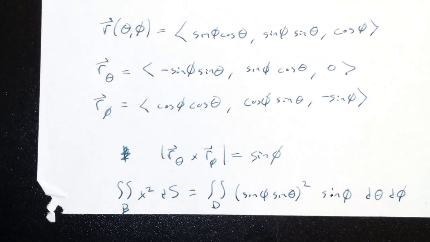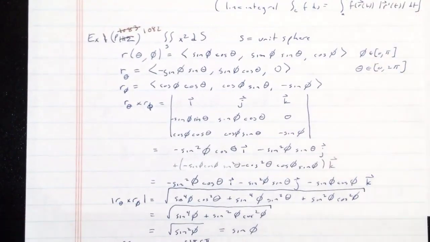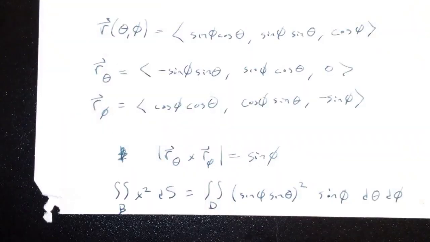That's not because we're doing spherical coordinates. I actually did all the trig work. There's my cross product. There's its length. It's not necessarily going to come out this way, that's just what it turned out this time.